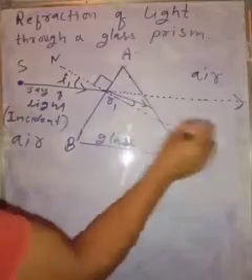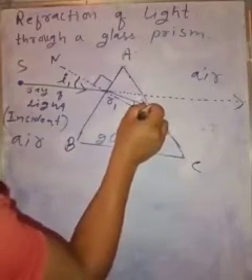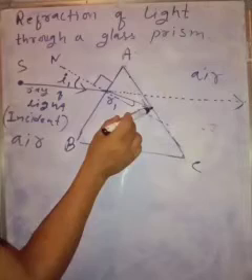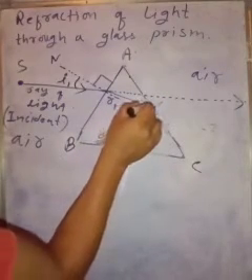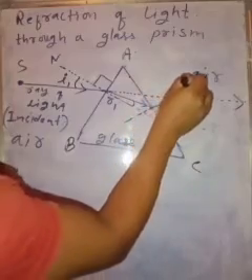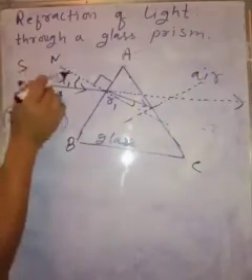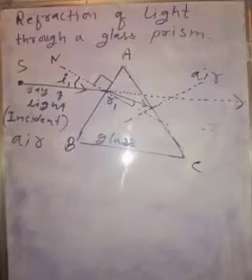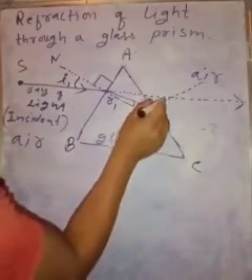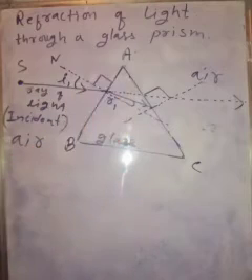Now again there will be refraction. You can imagine where the light touches this surface, so you have to draw the normal again here. Normal means 90 degrees with this surface. Here was also N, 90 degrees with this surface. You can show 90 degrees in this symbol, in this way.